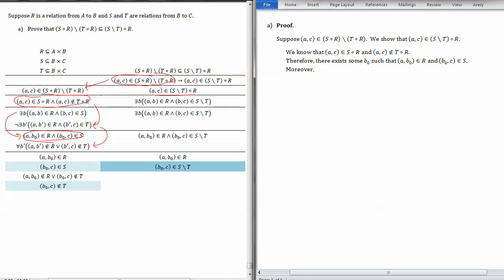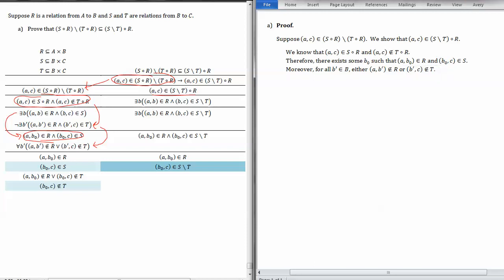So I'll say moreover, for all B in B. Okay, I have B prime there. Maybe I should stick to that so we don't get confused. So for all B prime in B, either A B prime is not in R, or B prime C is not in T.